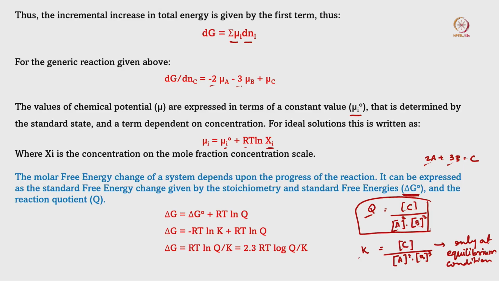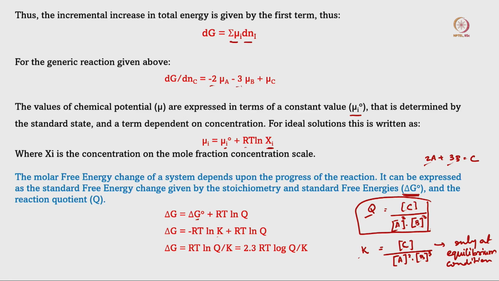So, delta G is equal to delta G 0 plus RT ln Q, and delta G 0 is equal to minus RT ln K. Since delta G 0 is at equilibrium, it is represented by ln K, and plus RT ln Q is at another temperature and pressure condition.